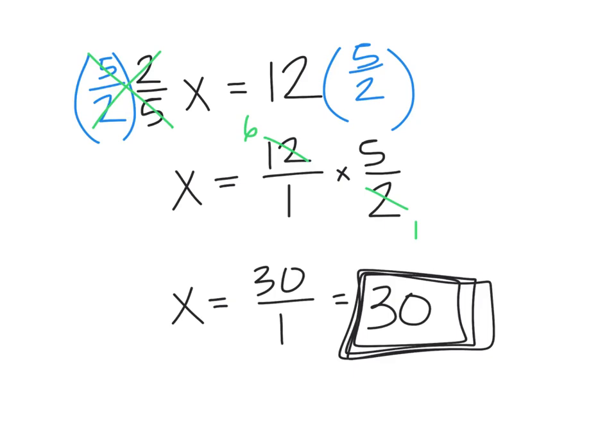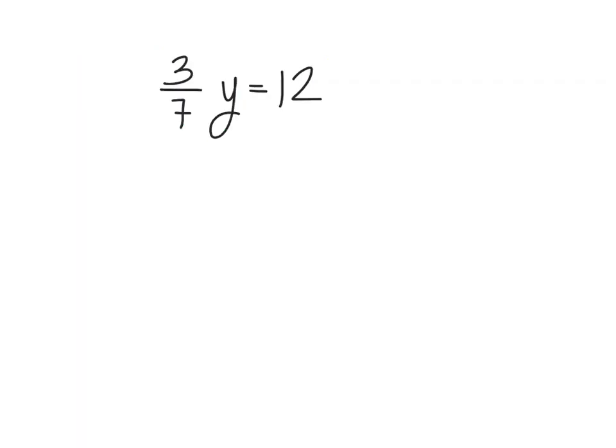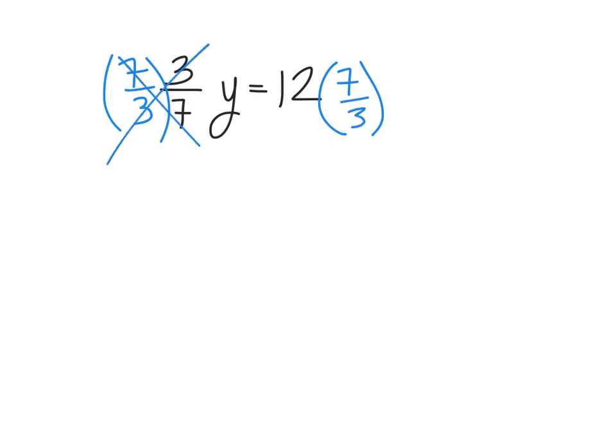Here's one more for you to do. Go ahead and pause the video, see if you can do this problem here. All right, to do this problem, I'm going to multiply both sides by the reciprocal of 3/7, which is 7/3. When I multiply on the left by the reciprocal, these end up canceling, and I get y equals.